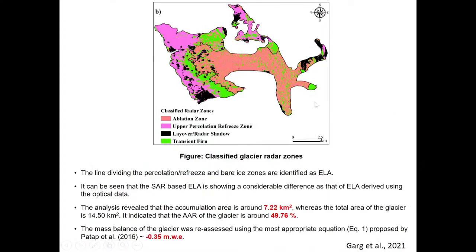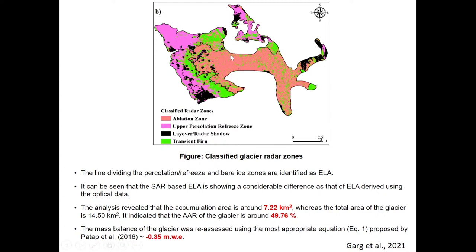So if we use simple classification techniques, we can generate the boundaries of the different zones, that is percolation zone, middle percolation zone, wet snow zone, dry snow, bare ice zone, debris covered glacier.